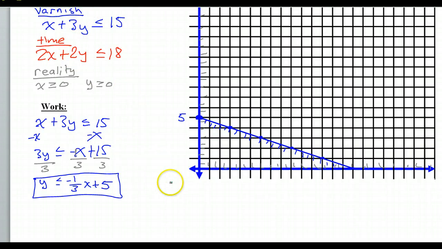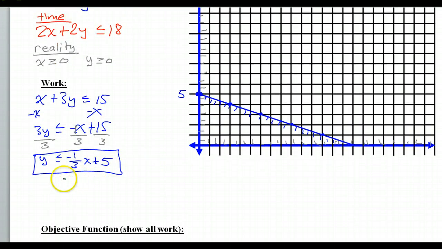So let's now do the time constraint, which I've got here in red. So that's going to be 2x plus 2y is less than or equal to 18. You would subtract 2x from both sides. So that's going to give us 2y is less than or equal to negative 2x plus 18.